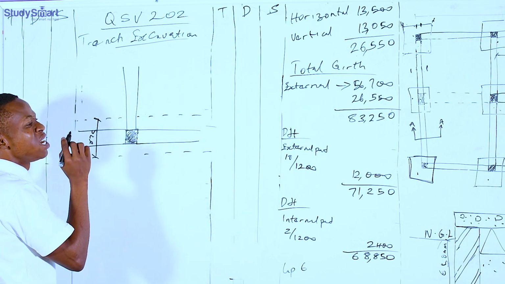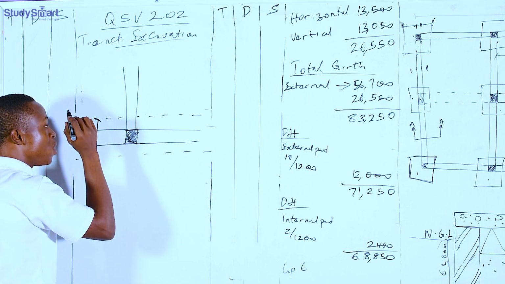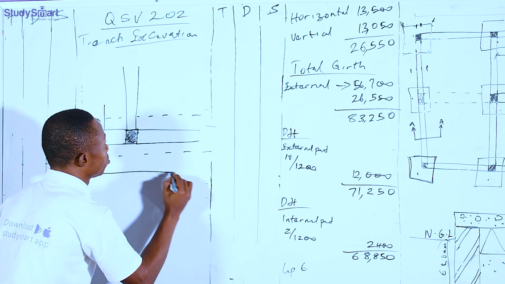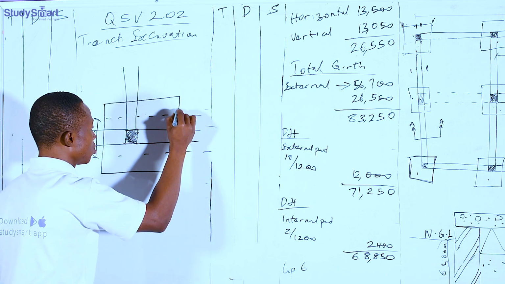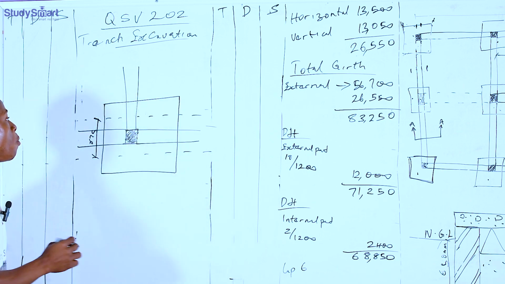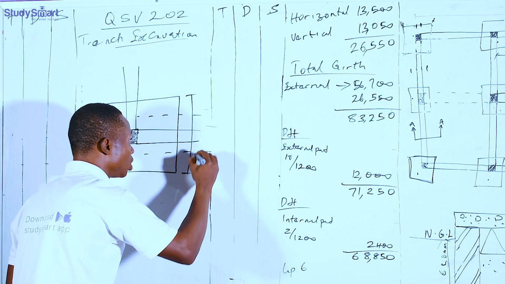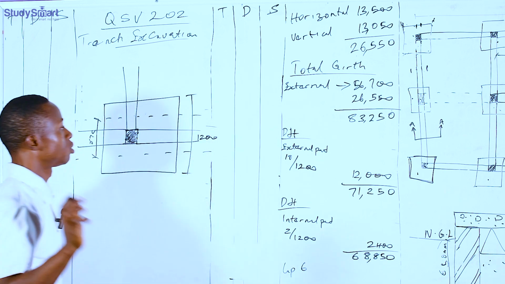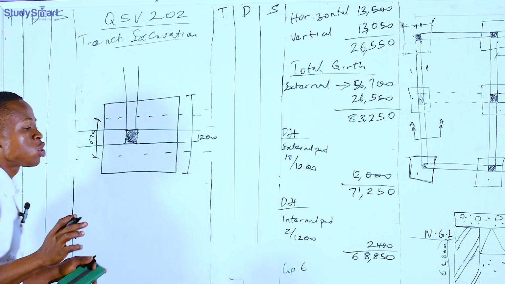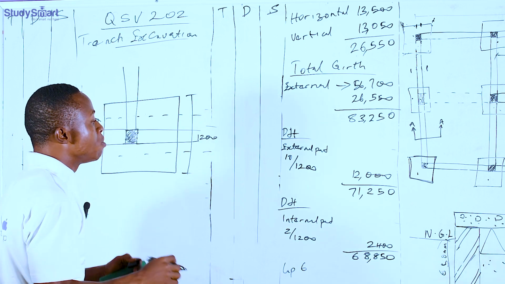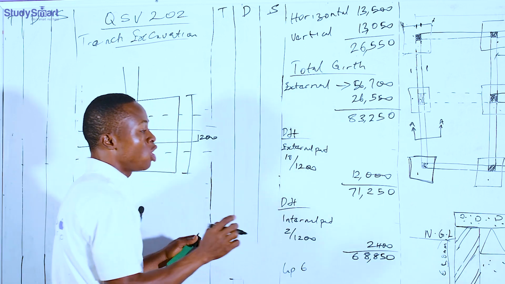But the pit that we dug is like this, which from here to here is 1,200. So that's what makes it different. And when we are calculating, we say that we deduct internal part, we deduct external part.